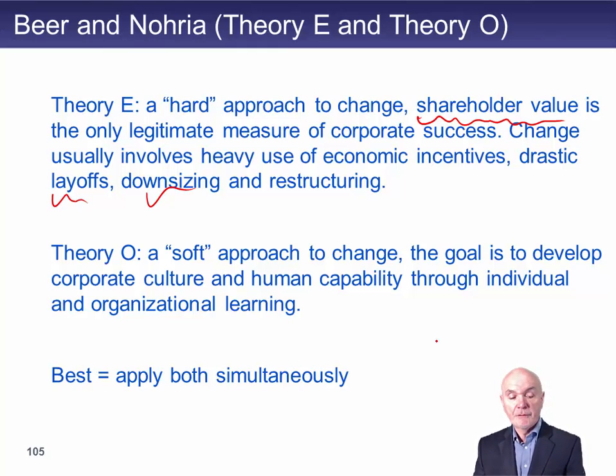Theory O is a soft approach here, where instead of just being driven by shareholder value, what they want to really encourage is a longer term change maybe in corporate culture through individual and organizational learning. So maybe rather than closing down at a stroke a particular factory, just taking that executive decision, maybe they will go in, and it's more of a participative change, really.